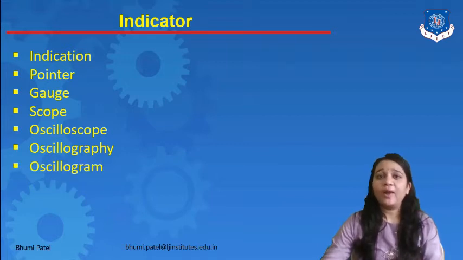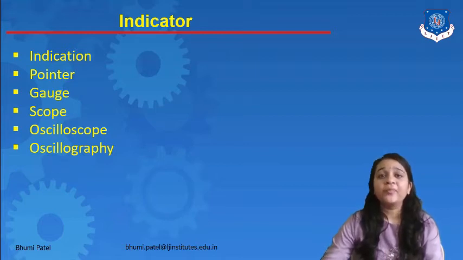A movable pointer indicates the magnitude on the scale. The term gauge is used for an instrument that only indicates, and the scope refers to an instrument used for viewing only. The oscilloscope is an indicator, the oscillograph is a recorder, and the oscillogram is the recording itself.